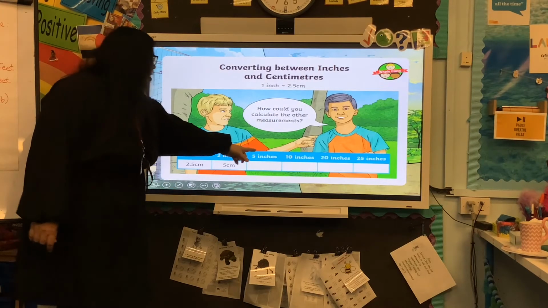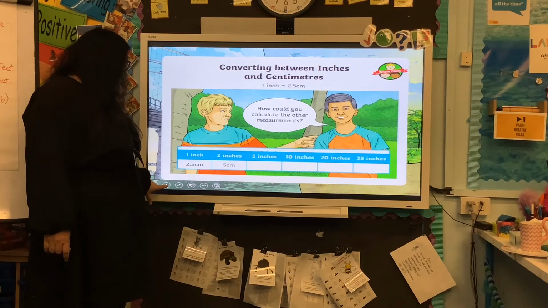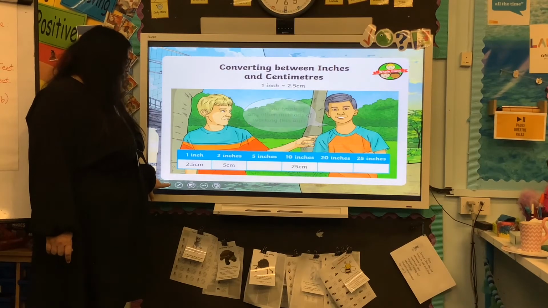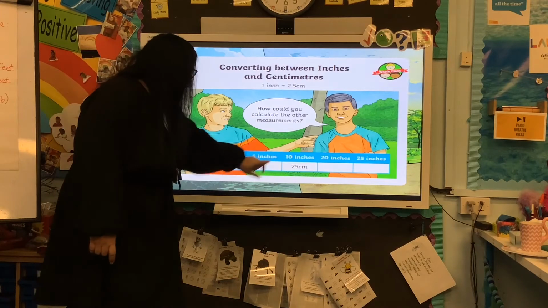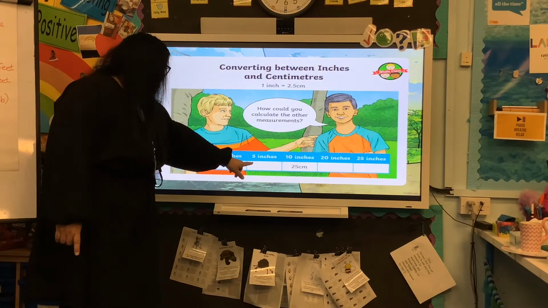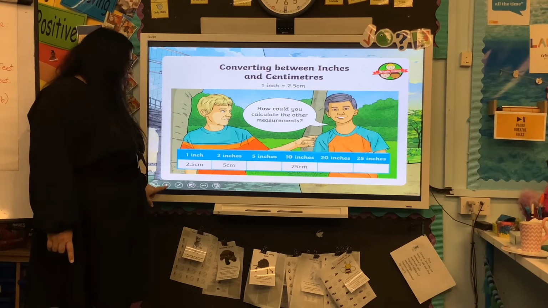So then 5 inches would be 5 times as big as this, wouldn't it? So it'd be 5 times 2.5. Sorry, there's lots of flashing. So 10 inches is 25 centimetres. So 5 inches here would be 12.5 centimetres and so on.